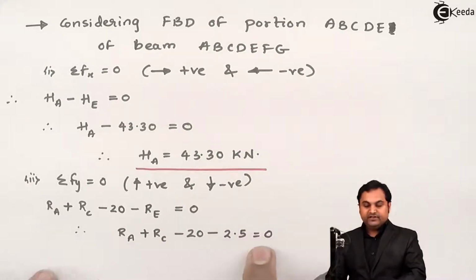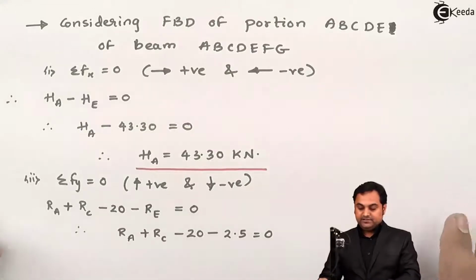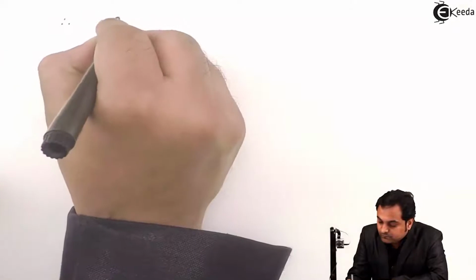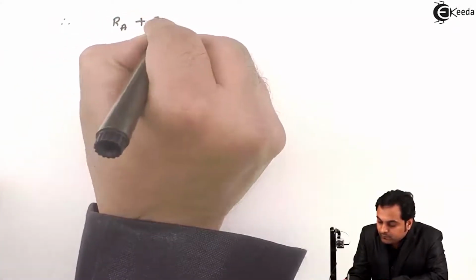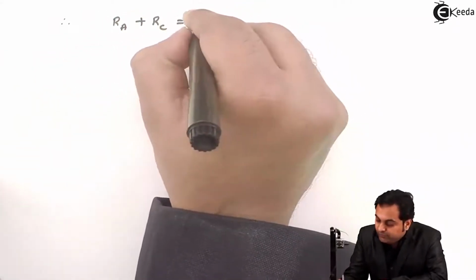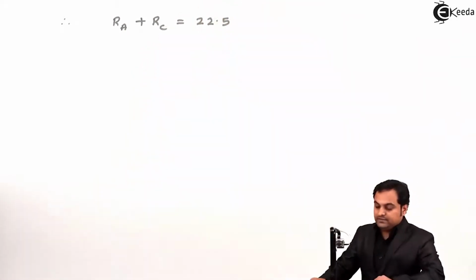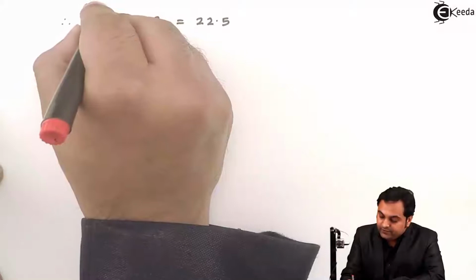So from this, if I calculate, I'll get Ra plus Rc as 22.5, and this I'll keep as the second equation.